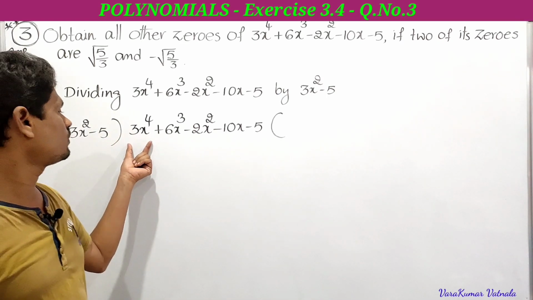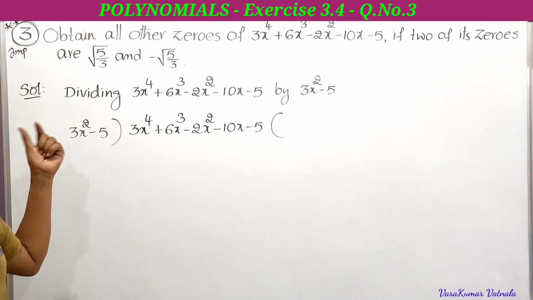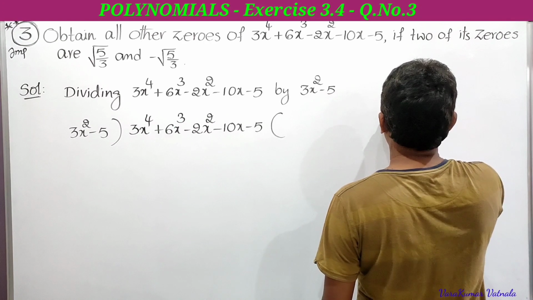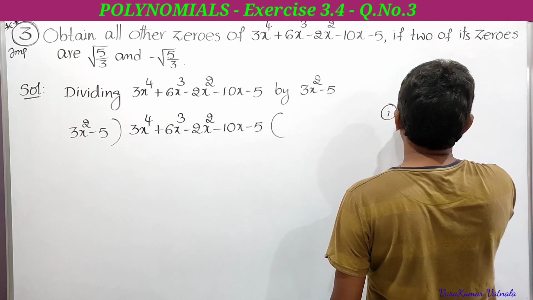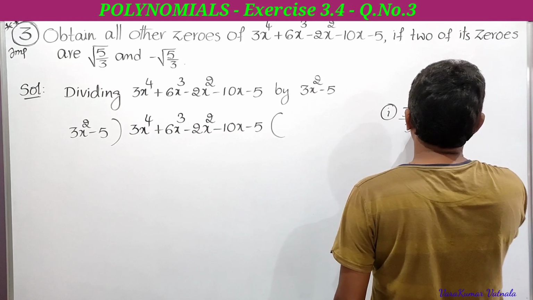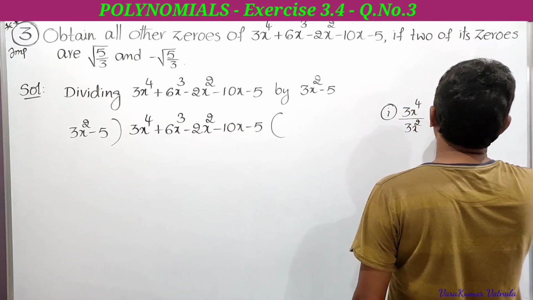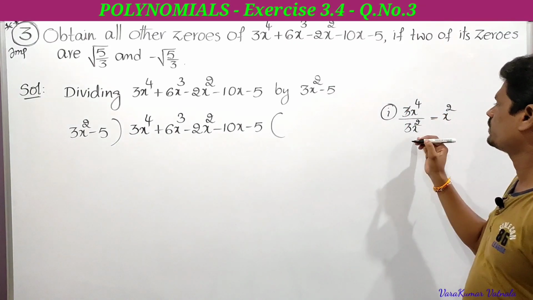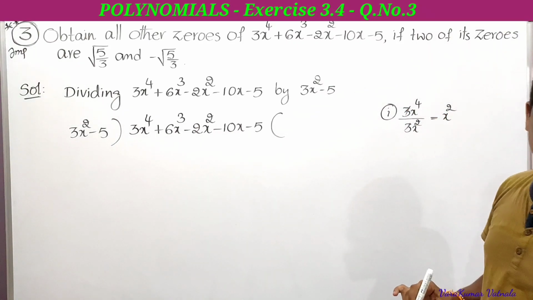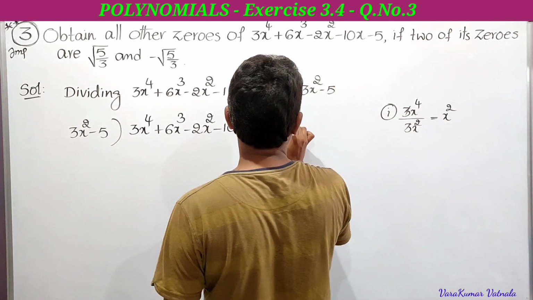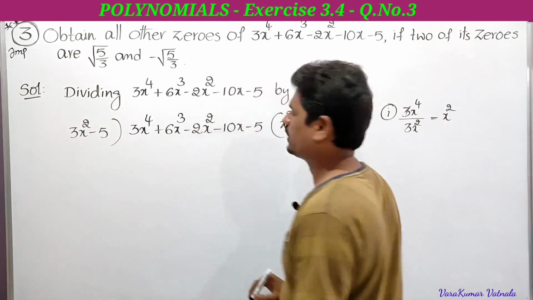First step: 3x to the power 4 divided by 3x square gives x square, since 3 gets cancelled and x to the power 4 by x square is x square. Write this x square in the quotient area.